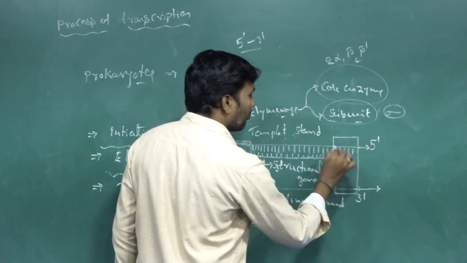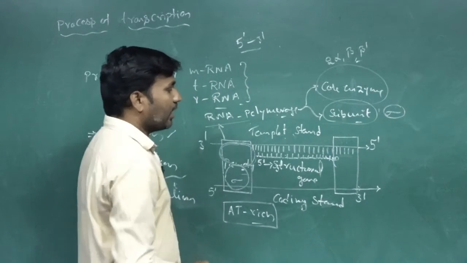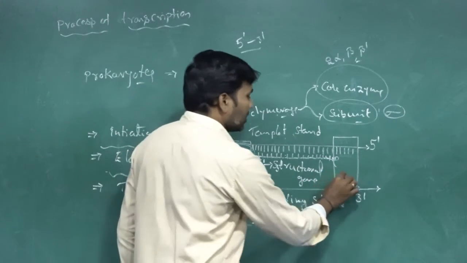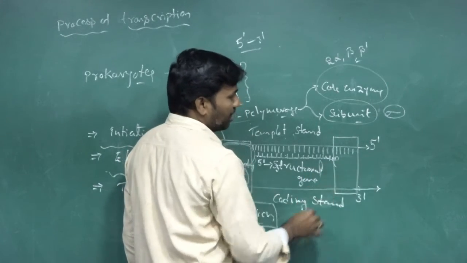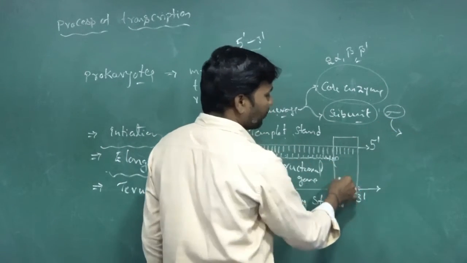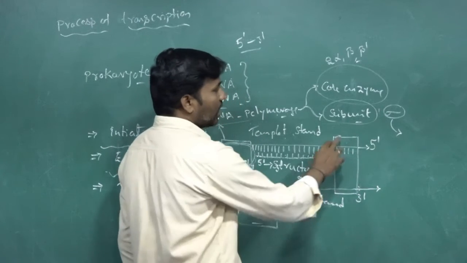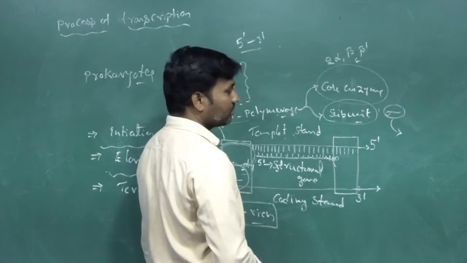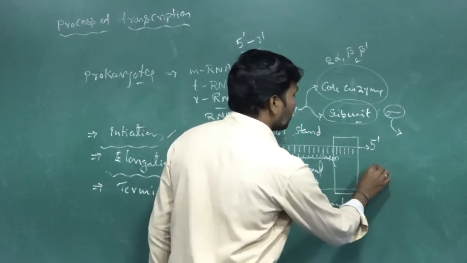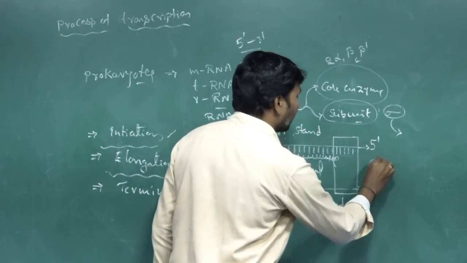So the RNA polymerase forms a hairpin loop, and the sigma factor is released before reaching the termination. The sigma factor is released from this complex, and the core enzyme is also separated from the template. This occurs because of the Rho factor.